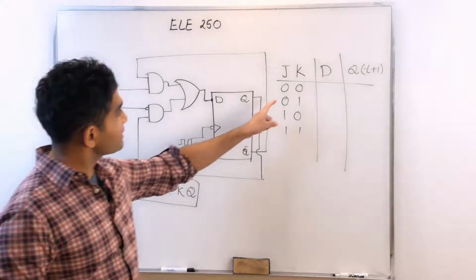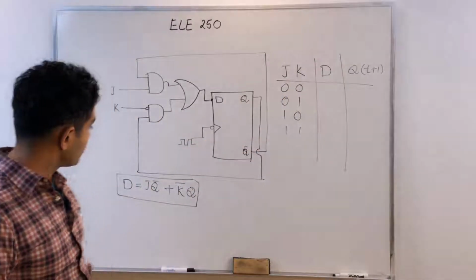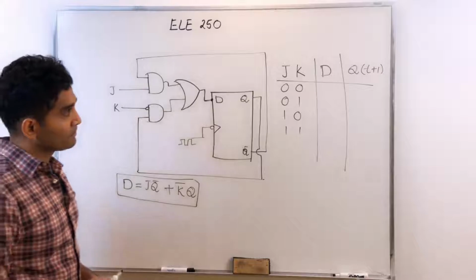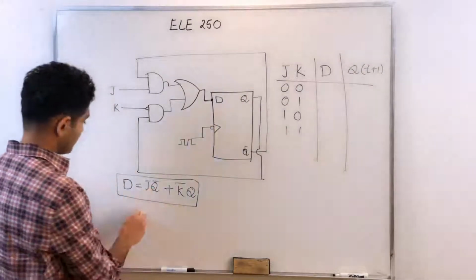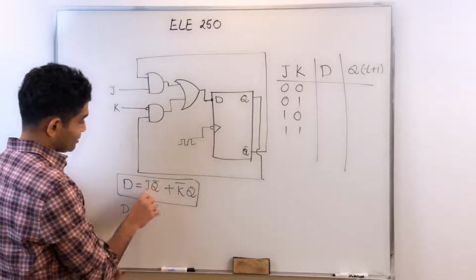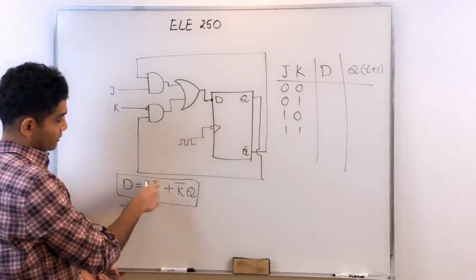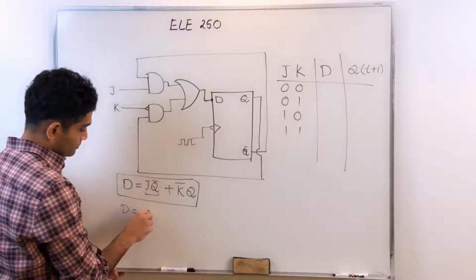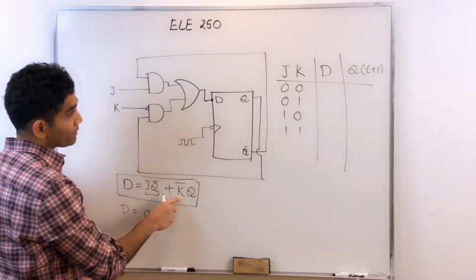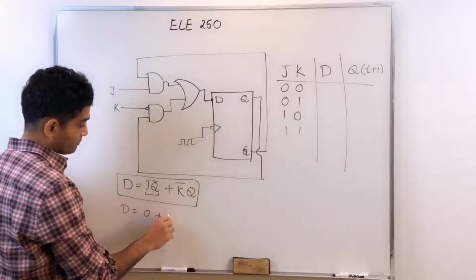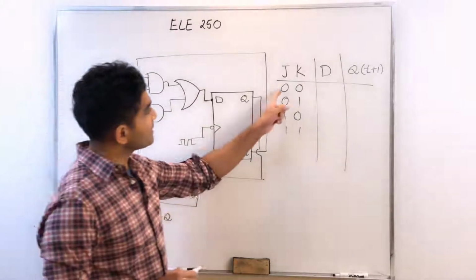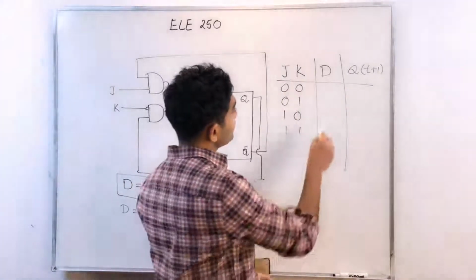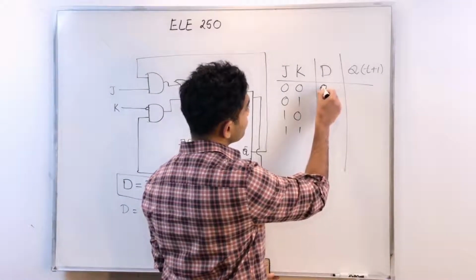So if my J and K are both zeros, what do I get for D? J is 0, so that takes J and Q prime to 0. Or K is 0, K prime is 1, so that leaves me with Q. So if I apply J and K both 0, my D becomes Q of t.